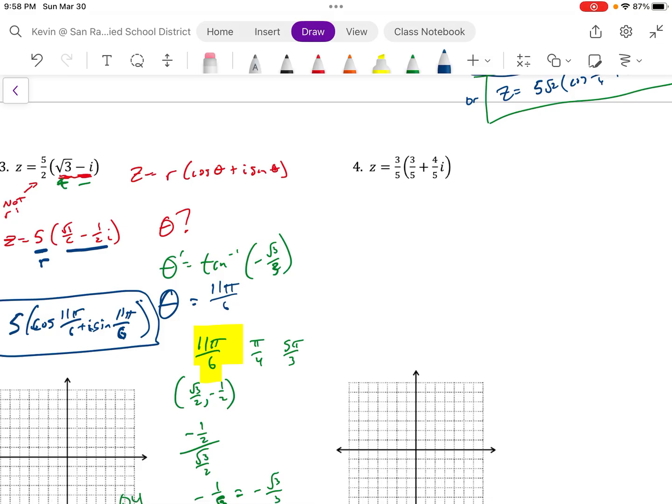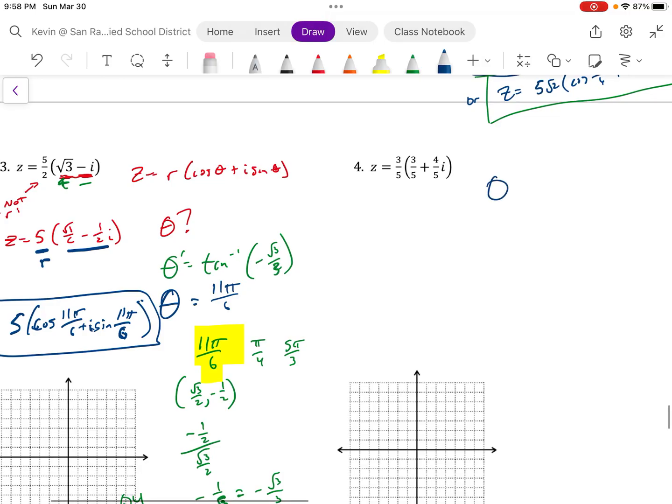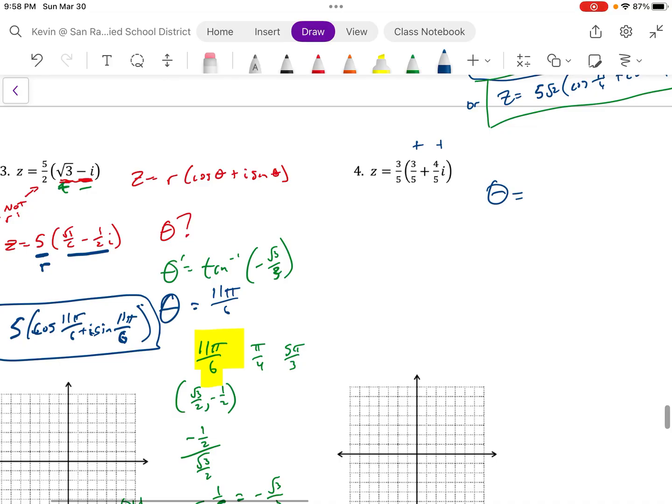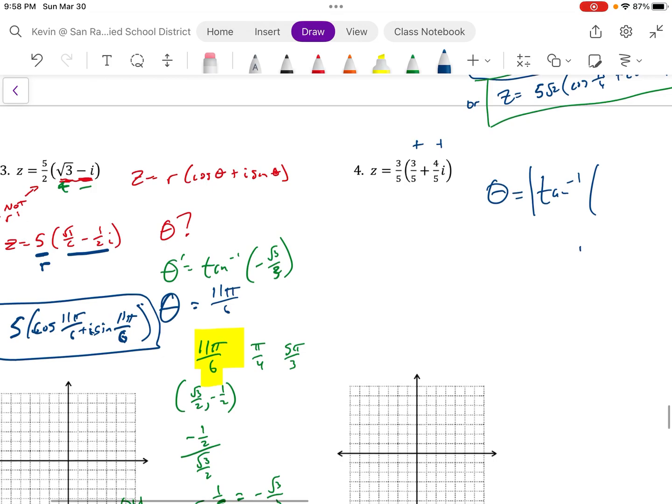Let's try this one over here. These are both positive, so this is the first quadrant. We could say absolute value, but it's going to be positive anyway. This is 4/5 over 3/5, which equals 4/3.